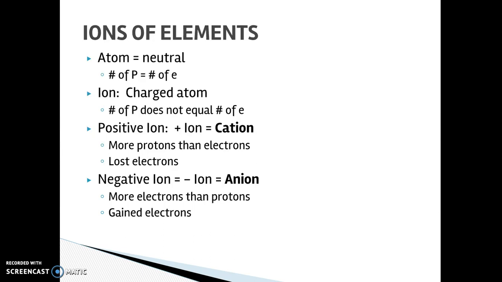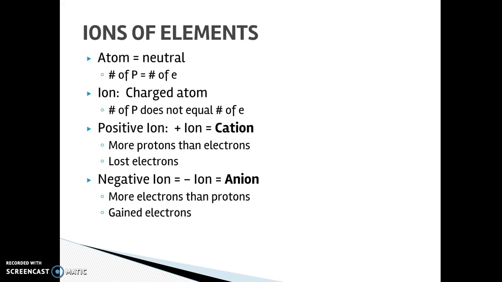In an ion, that's when we start to see charges show up. So you have a charged atom. The number of protons doesn't change, but you have gained or lost electrons. Electrons can be gained or lost by the atom, and when it does that, it forms the ion. A positive ion is called a cation, and that's when you have more protons than electrons.